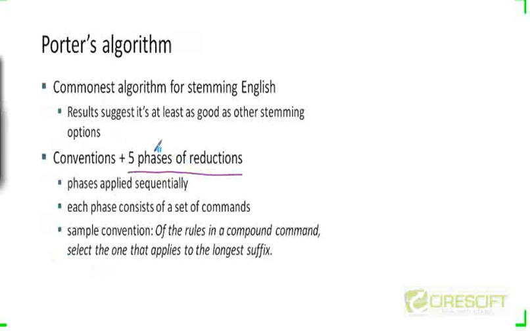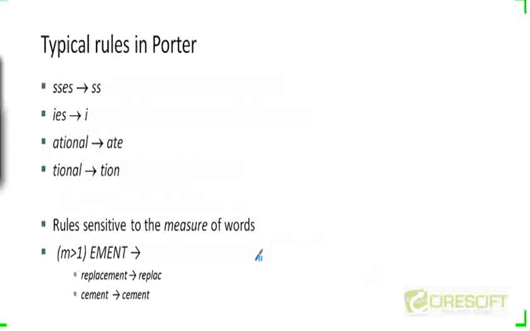In each phase of Porter's algorithm, you have a bunch of rules, and for every token that you take, you're going to see whether any of these is a suffix of that token.